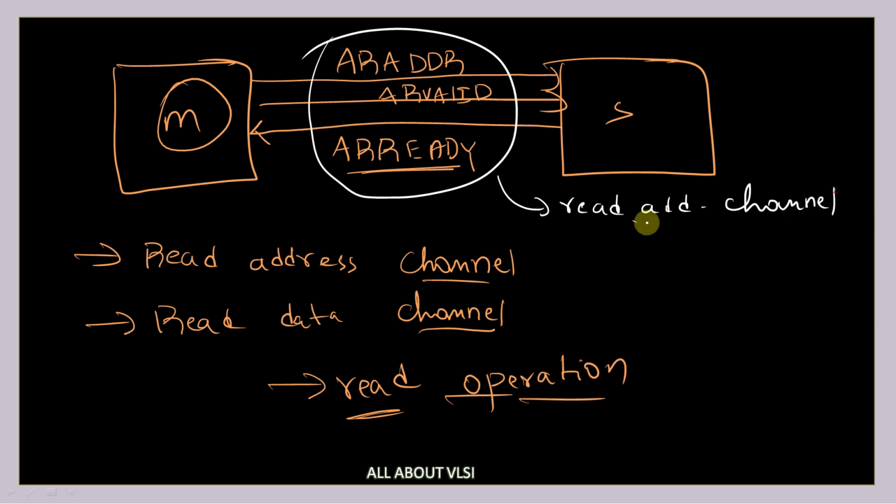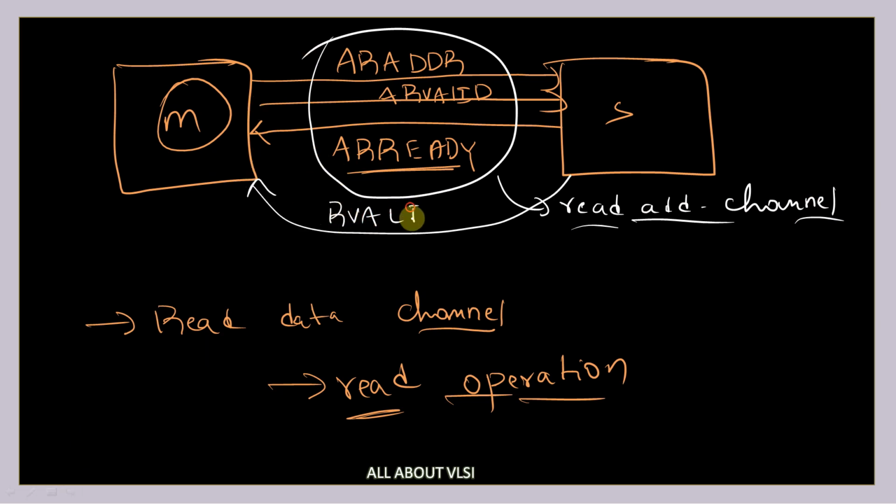The next set of channels, for reading the data, is our read data channel. The next signal we have is the R valid signal, which belongs to the read data channel.